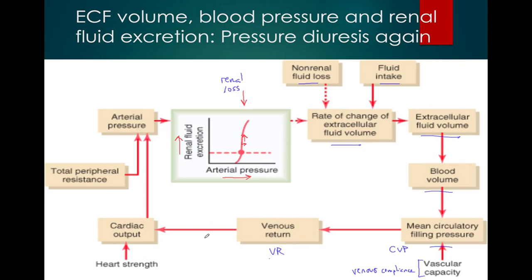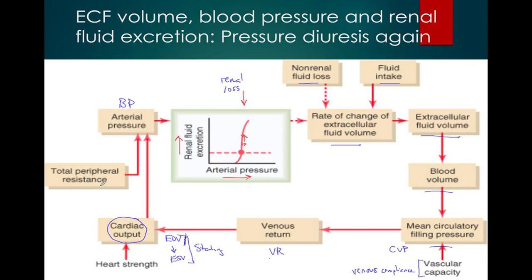And of course, venous return alters EDV, which alters ESV. That's Starling, the Frank-Starling mechanism. And so that's going to adjust cardiac output, which plays into our blood pressure, our arterial pressure here.